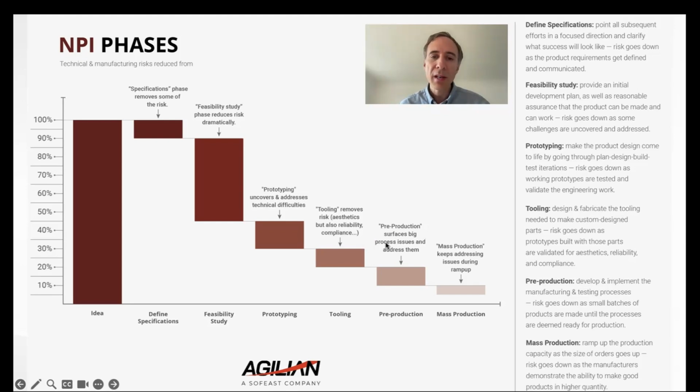Then pre-production. So basically, you run the same processes as mass production. There's always issues that come up, even if you've done a process FMEA and so on and so forth. So you address them, you get to the point where it's ready for manufacturing, then you go into mass production and you have to ramp up, you have to keep things consistent. But really, as you can see, the amount of risk chipped away every time is not insignificant.